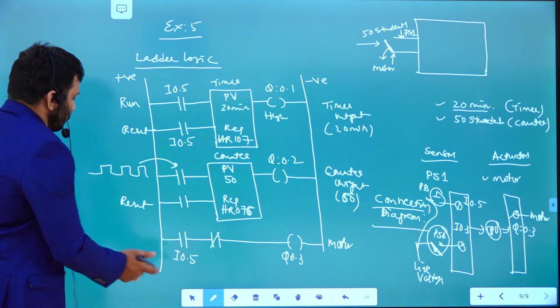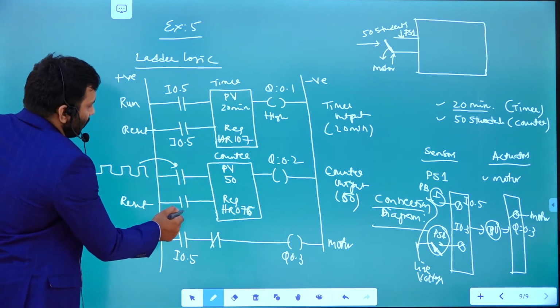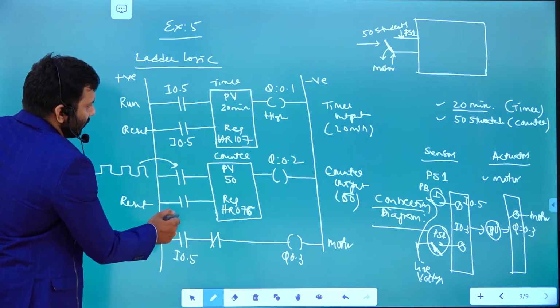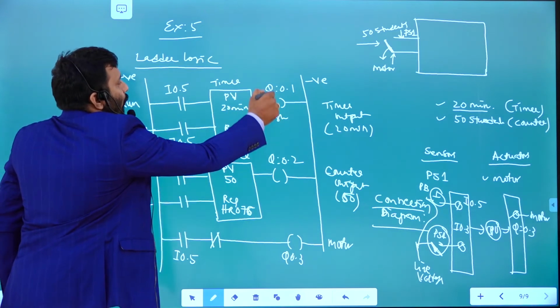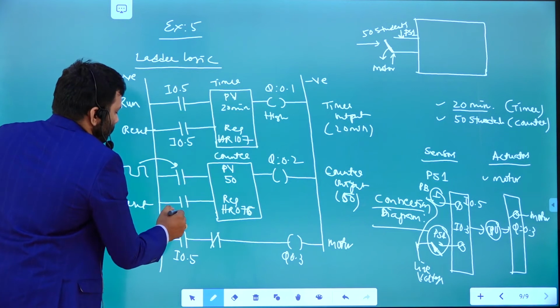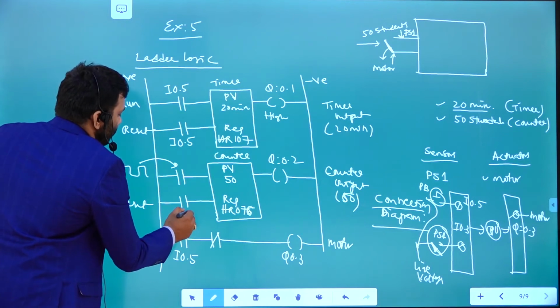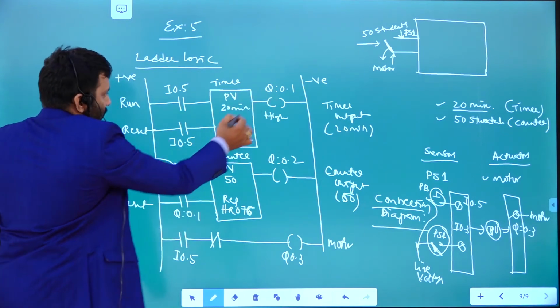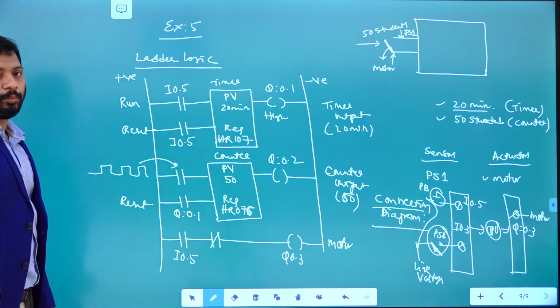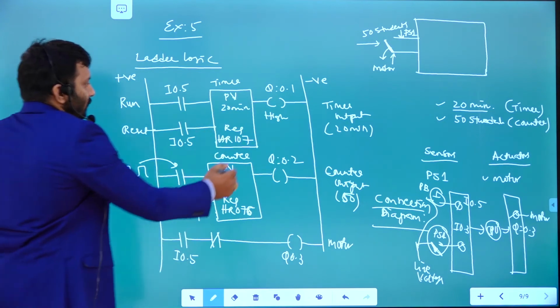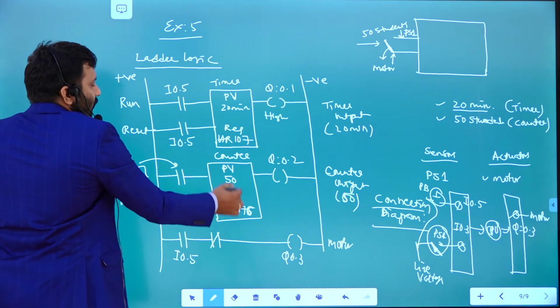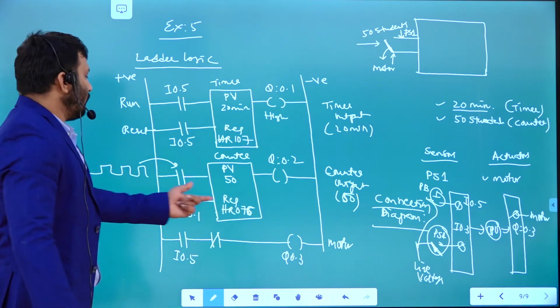See here, whenever it needs to be reset after 20 minutes, that is the reason it needs to be reset with the output of this particular timer. Whenever this is high, this counter is going to be reset.